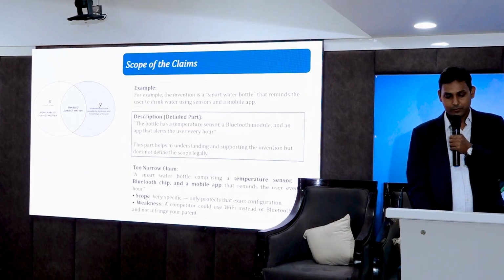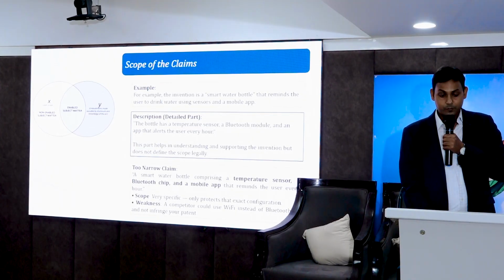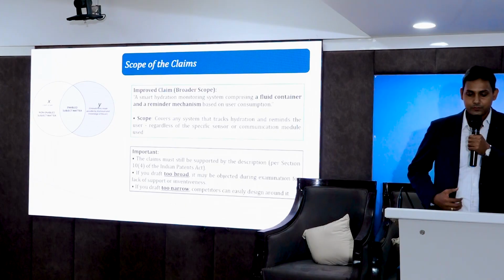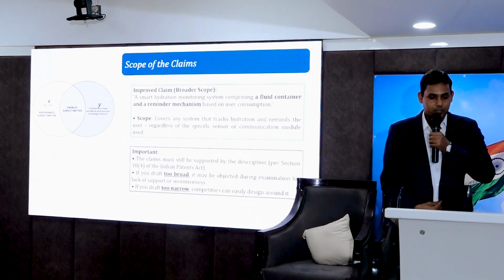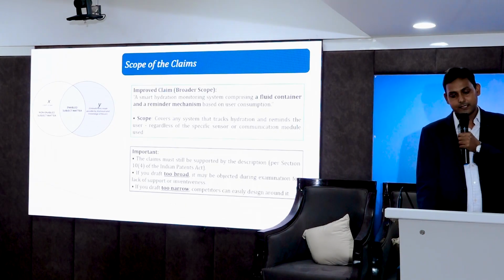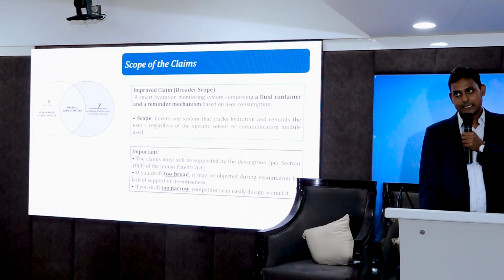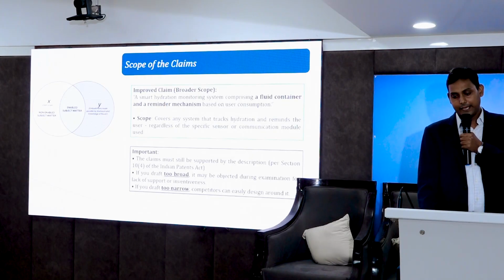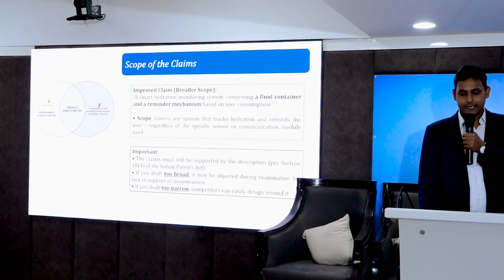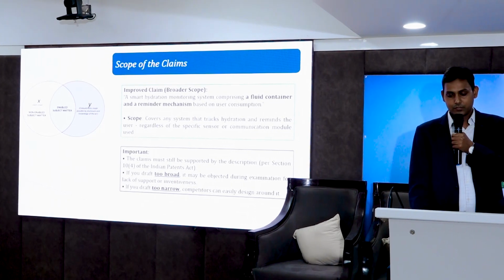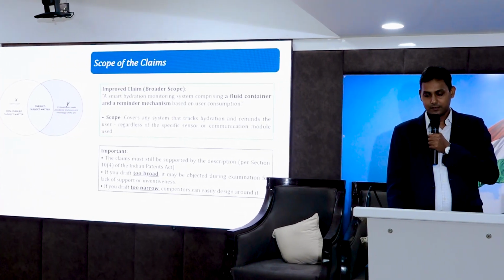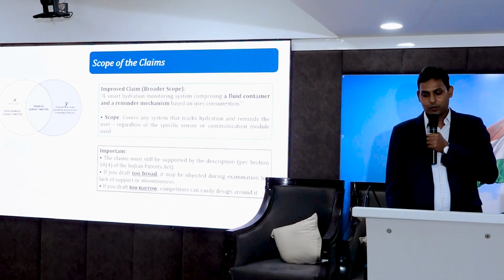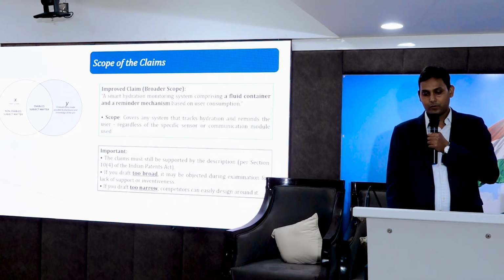So I will give you an example of how to draft a broad claim. This is the broader scope. What is the broader scope? A smart hydration monitoring system comprising a fluid container and a reminder mechanism based on user consumption. Right. See here, I have not written the bottle. I have not written how this reminder mechanism is working.